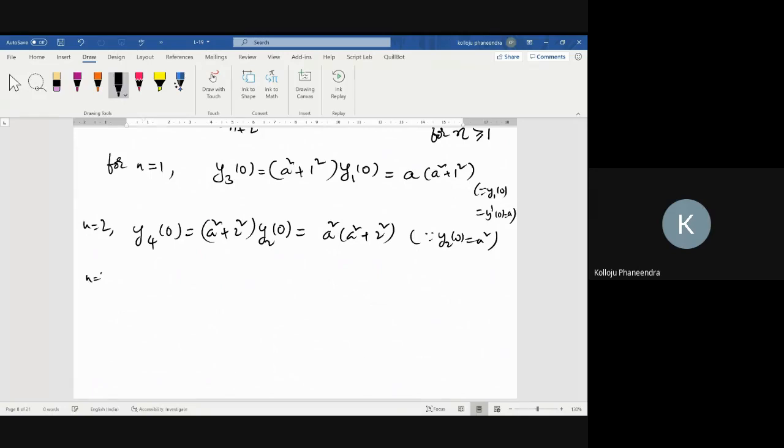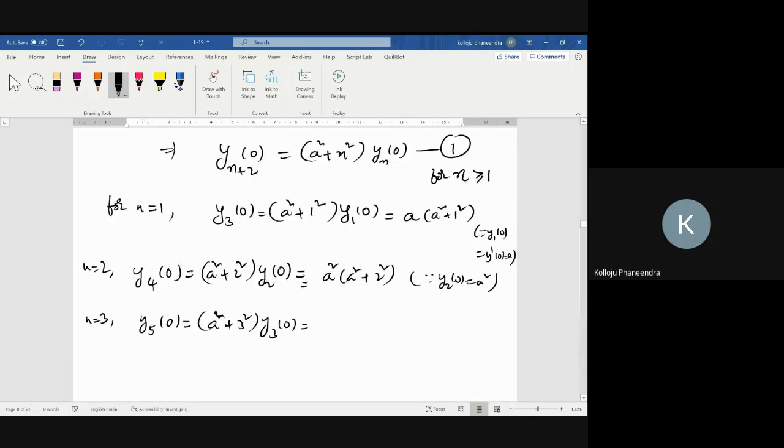Next one, n = 3, y5(0) = a square plus 3 square into y3(0). In the formula, if I put n = 3, I get y3(0) = a into a square plus 1 square.